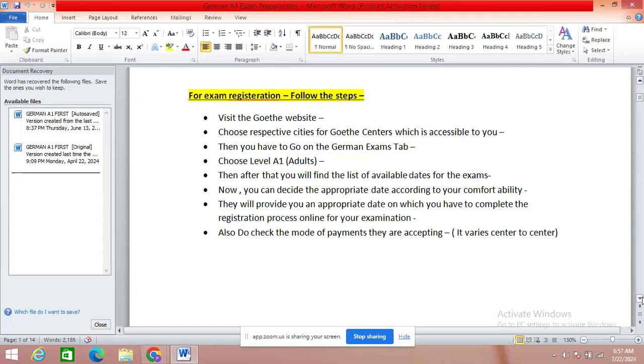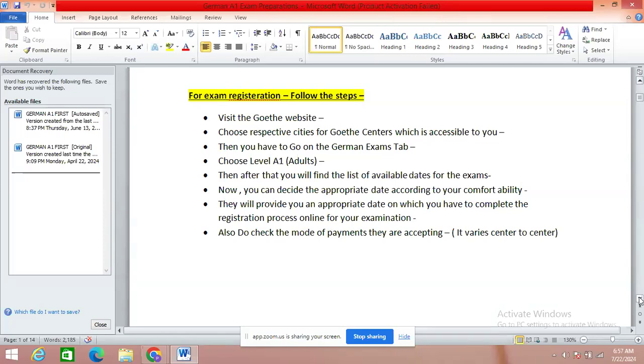Sometimes they will mention this on the website only, or you can mail them and discuss what the mode of payment is for the registration fees for this examination. So it varies from center to center. You have to mail them, or you can read it on the website only. Usually they upload it on the website. You can read their mode of payment.